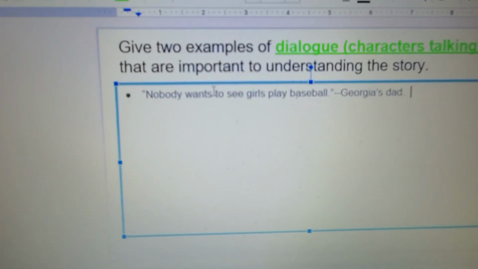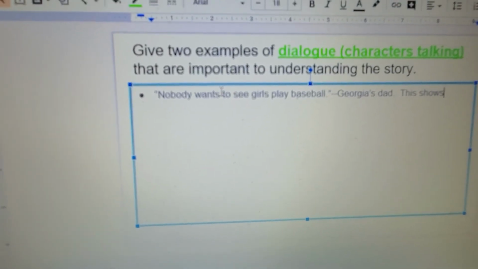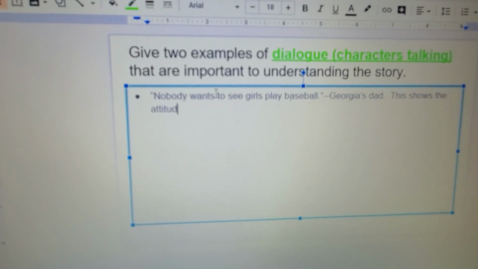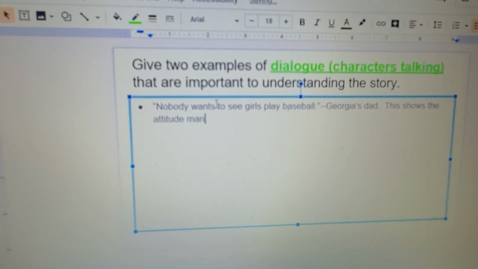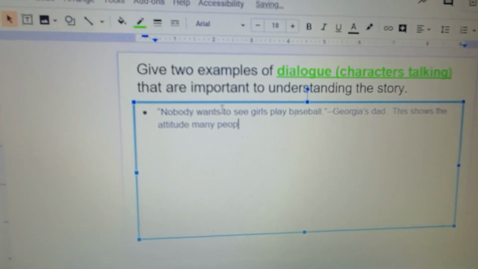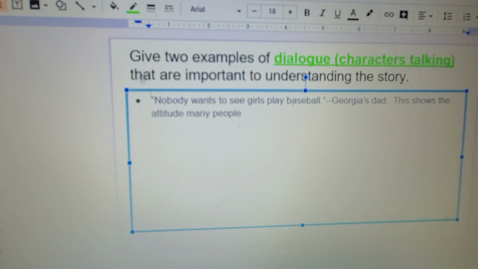And I would say this shows the beliefs many people had at the time. Not so much the attitude, the beliefs.